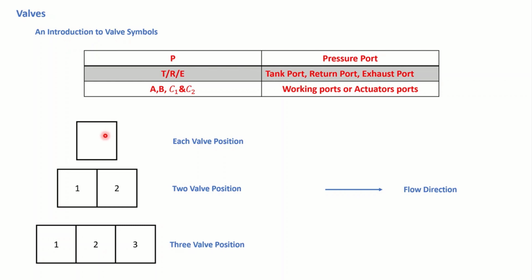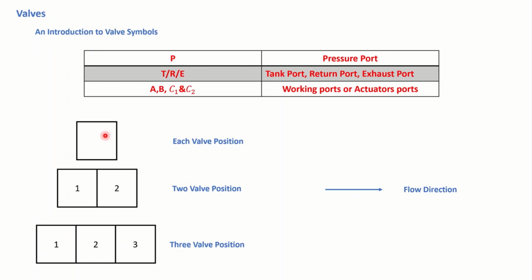And any of these square shapes, if we observe them within a pneumatic circuit for a directional control valve, each of them is representing a position. Basically it means this directional control valve can have how many positions. If it has one square in its symbol, it can just take one position.